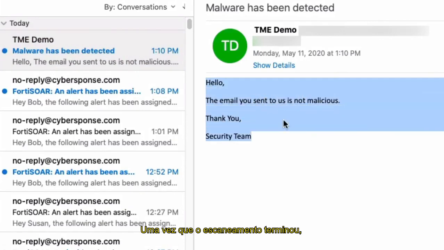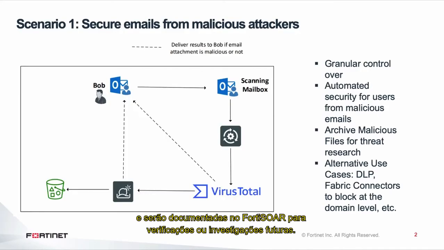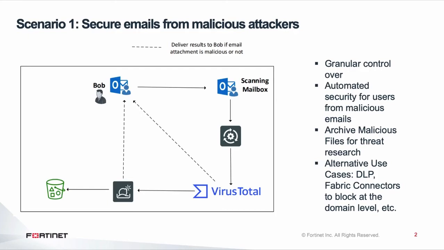Once it has finished scanning, actions to either remediate or notify the user of the result will be sent out to the user, as well as documented in FortiSOAR for any later audits or investigations.